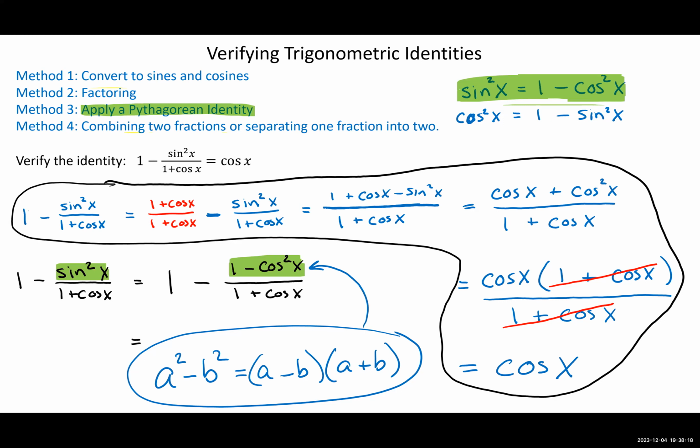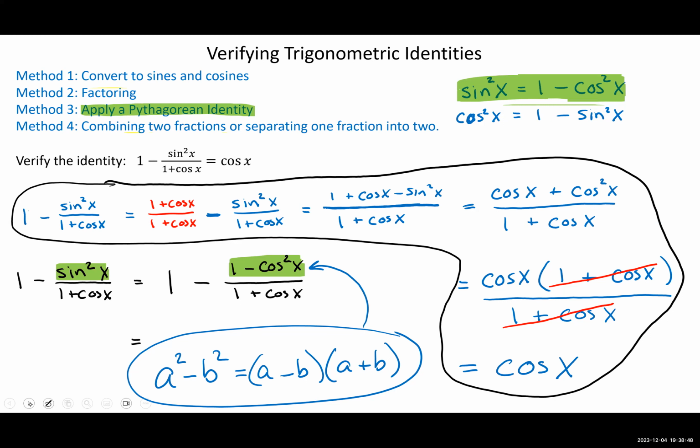So these methods 1, 2, 3, and 4 are not an exhaustive list, but these are 4 common things that tend to work often. So just try one. If it doesn't work, try something different. Right? You see a sine squared, try a Pythagorean identity. You see cosecants and cotangents and tangents, try converting to sines and cosines. See if that helps. It might not.